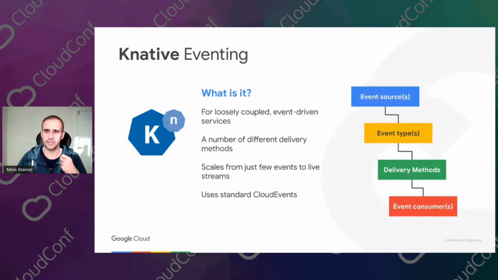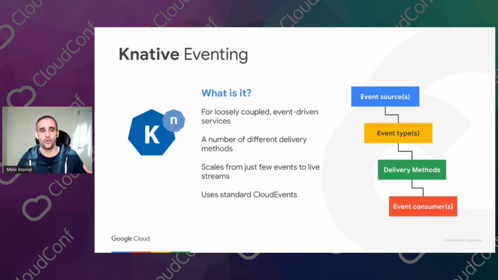I should mention that these events are in a format called Cloud Events, which is an open source eventing definition from CNCF. So anyone who can emit these Cloud Events can basically be ingested into Knative and then sent to Knative services. And there are a lot of different ways of getting those events to your consumers.